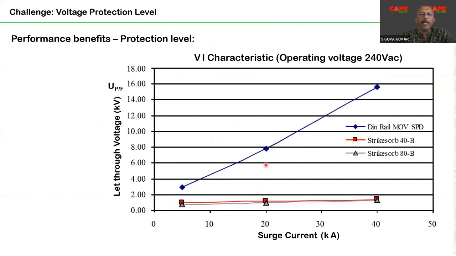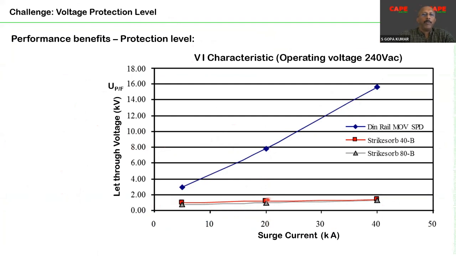Whereas in comparison, if you have a DIN rail mounted SPD with long connecting wires, let's say 250 mm or so, the effective protection level which goes into your equipment during a surge current of 20 kiloampere is about 8 kV. As a result, technically speaking, achieving safety is very difficult.